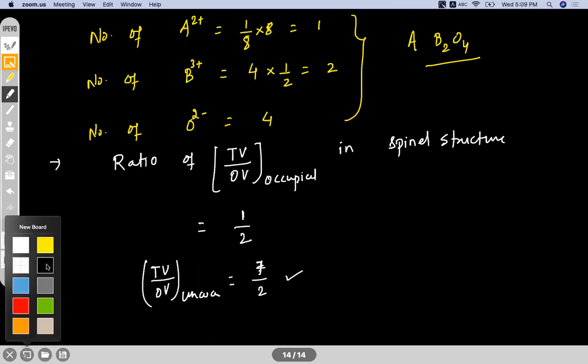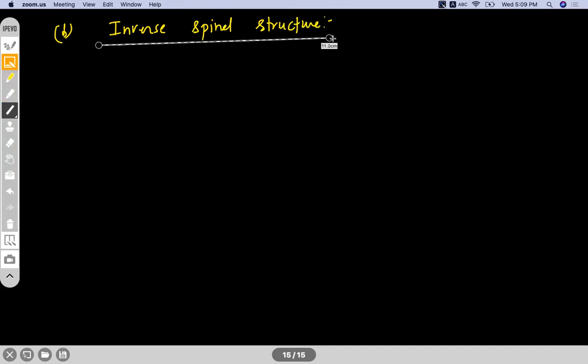The second type of structure in spinel structure we call inverse spinel structure. Write down: here also, O2- has no change, it forms FCC packing.